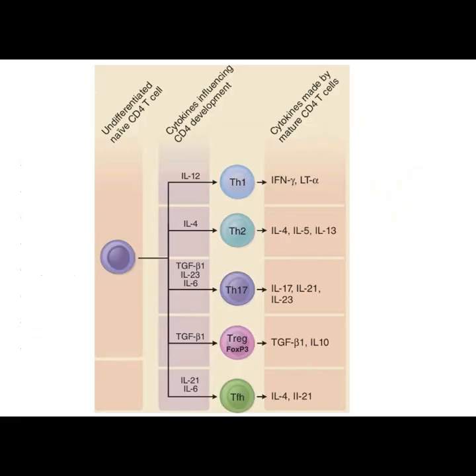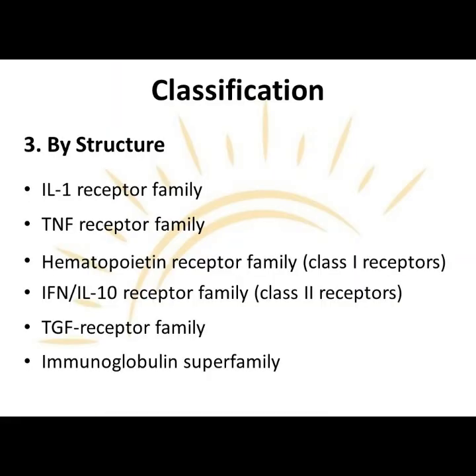This picture shows cytokines as key factors influencing the differentiation of naive T cells into various subsets with the development of CD4 helper T cell subset cytokines. IL-12 is the key Th1 promoting factor, IL-4 is required for Th2 differentiation, and IL-6, IL-23 and TGF-beta are involved in promoting Th17 development.